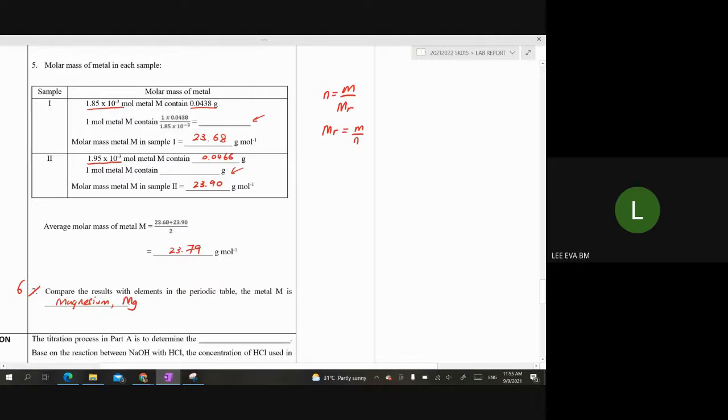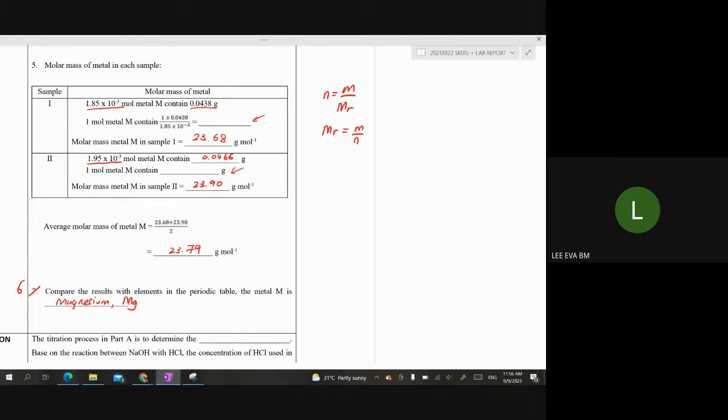So we can compare what we got from the experiment with which one is closer to the molar mass in the periodic table. In an experiment, the data you obtain from your calculation will normally be different from the theoretical value.